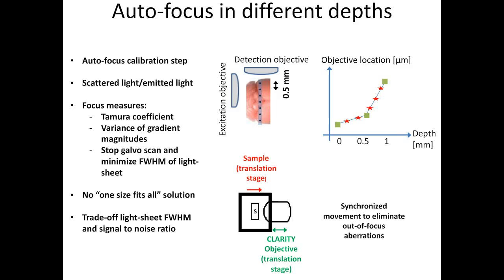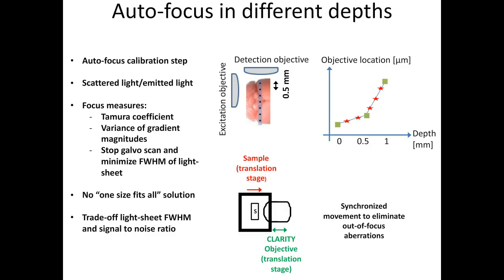It means that you move your objective location and you look at the images until you get the best contrast for the image. So let's say that we have the value that you get from autofocus from 0 depth, 0.5 millimeter depth, 1 millimeter depth, as you can see here.